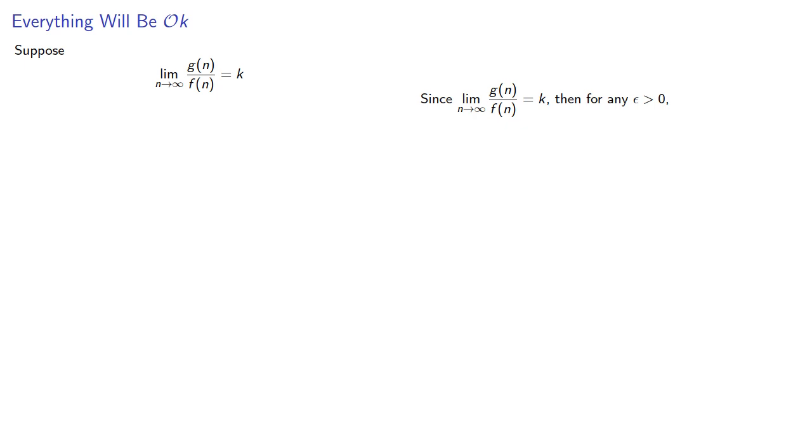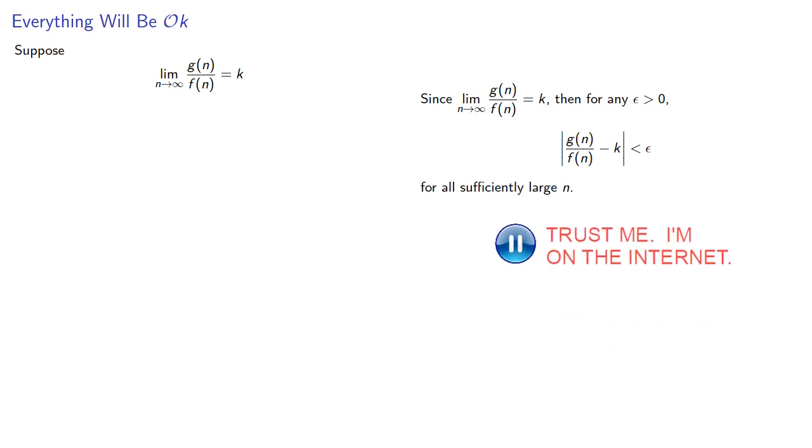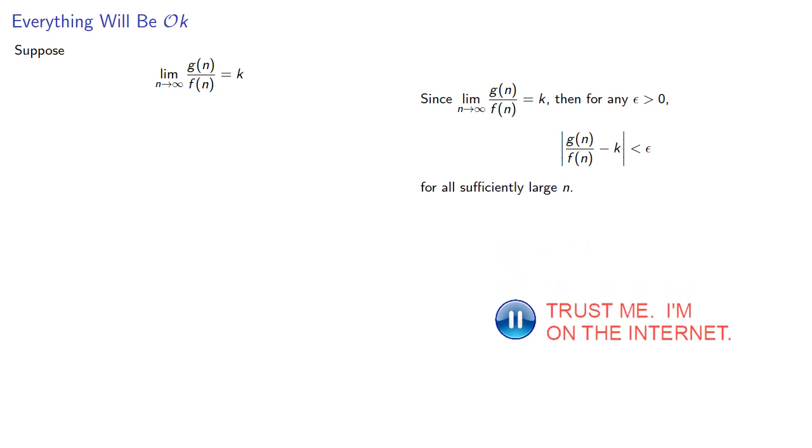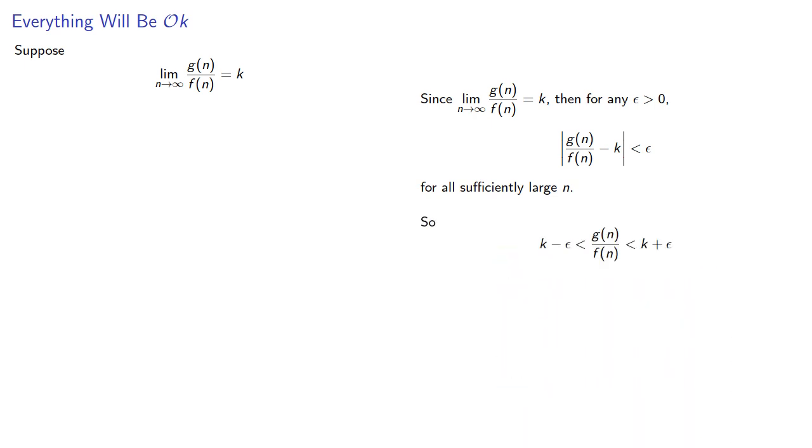Since the limit as n goes to infinity of our quotient is k, then by definition, for any epsilon greater than 0, the difference between that quotient and k can be made smaller than epsilon for all sufficiently large n. So that means this quotient is wedged between k minus epsilon and k plus epsilon.